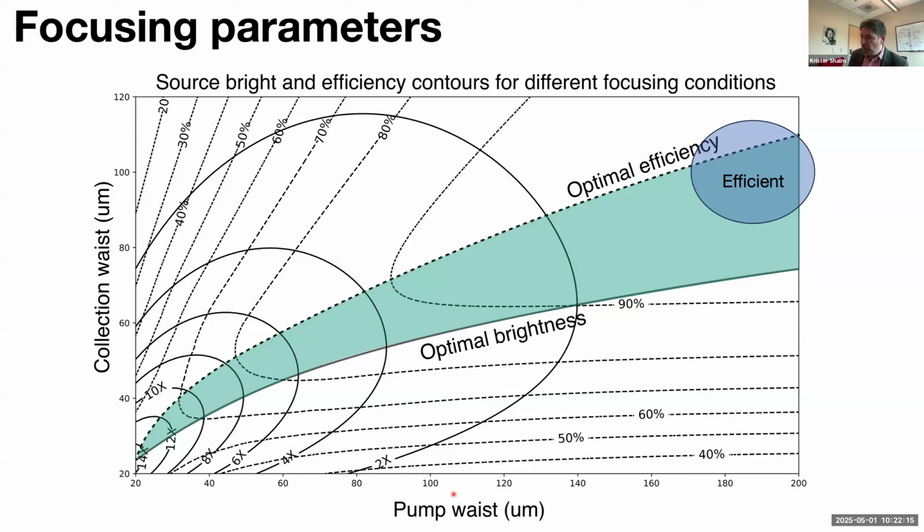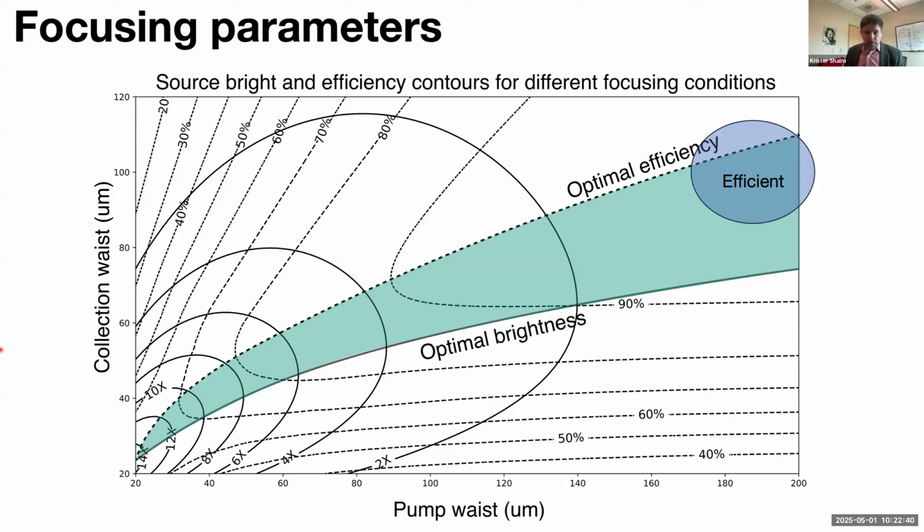And for every pump focus, this curve here represents the corresponding collection waist that would give you the optimal brightness, and that follows one curve. And the other curve is the optimal efficiency. And so SPDCalc can help you design all of that if you really want to build a source based on down conversion.